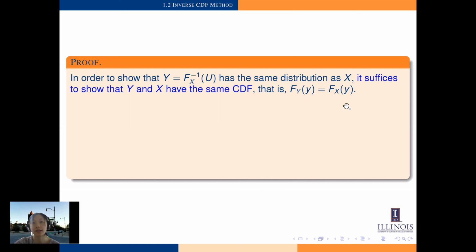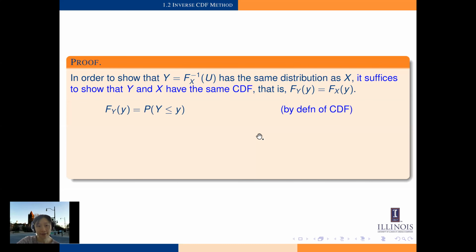So let's see what F_Y(y) is equal to. By the definition of CDF, we know that F_Y(y) is equal to the probability that the random variable Y is less than or equal to the small y, which is a constant.